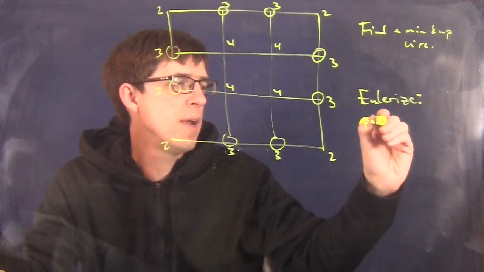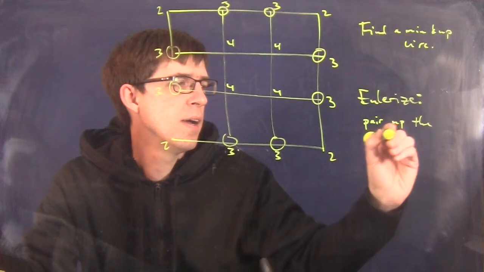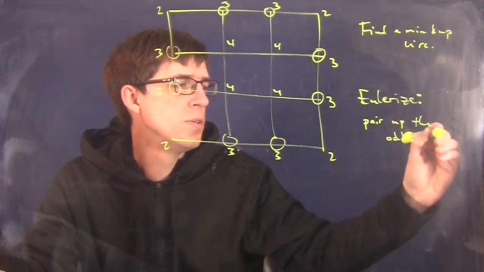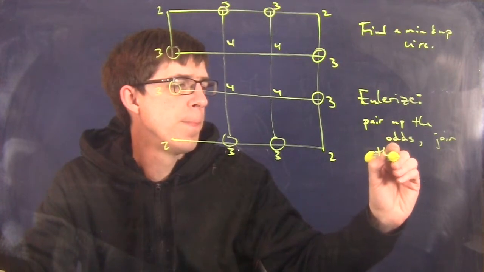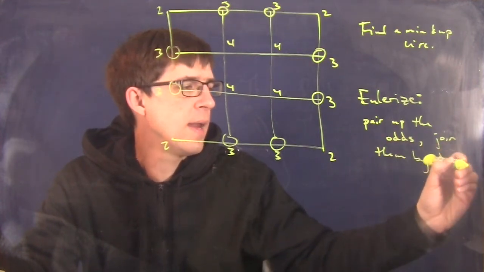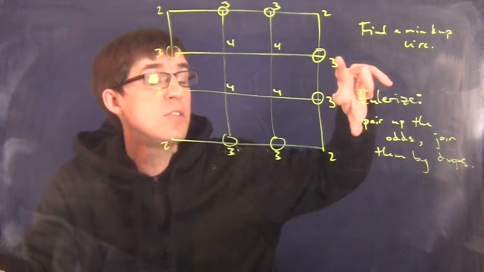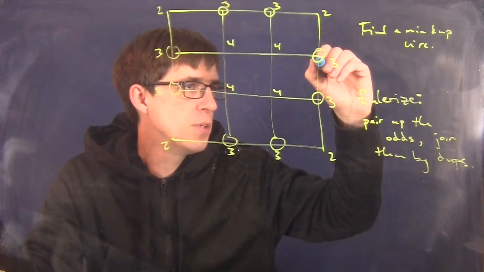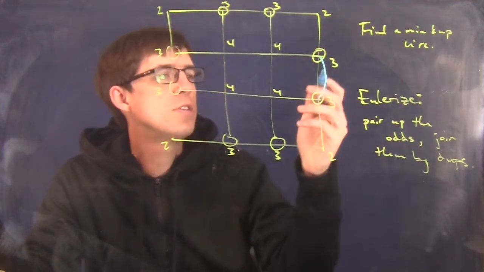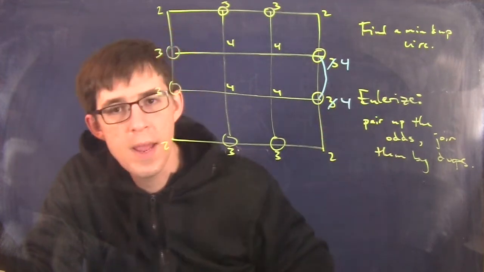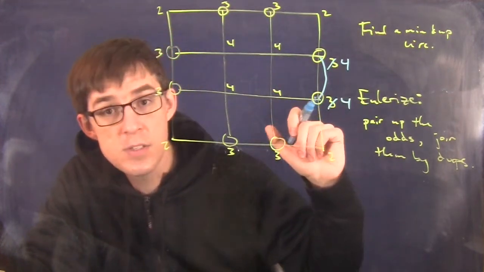So try to pair up the odds and then join them by duplications. What I mean by that is I see these 2 3s which are right next to each other. I'm going to duplicate this edge in between those 2 3s. So now there used to be 1 edge, but now there's 2. That causes the degrees here to become 4 and 4, which are both even, so I like it.